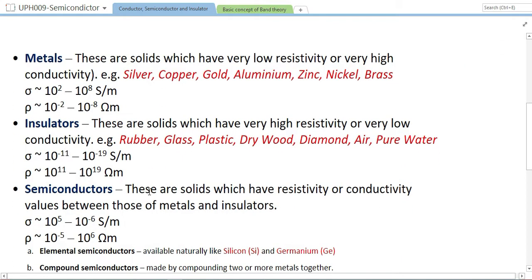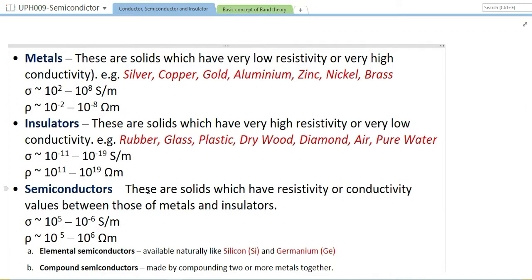Then let's talk about how we differentiate in terms of these numbers. So here we are showing 3 different classes of materials. One is called metal, another insulator, another semiconductor.